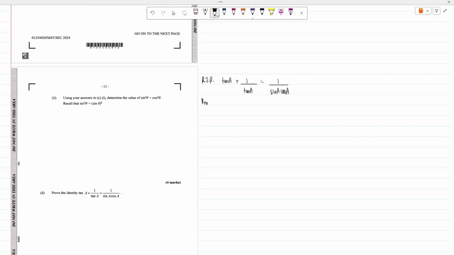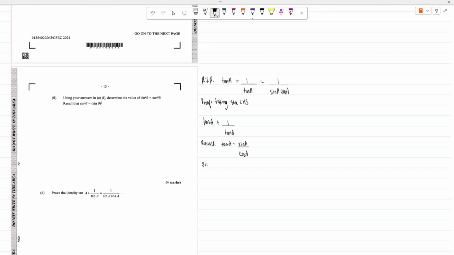Proof: taking the left-hand side, tan A plus 1 over tan A. Recall tan A is sine A over cos A.